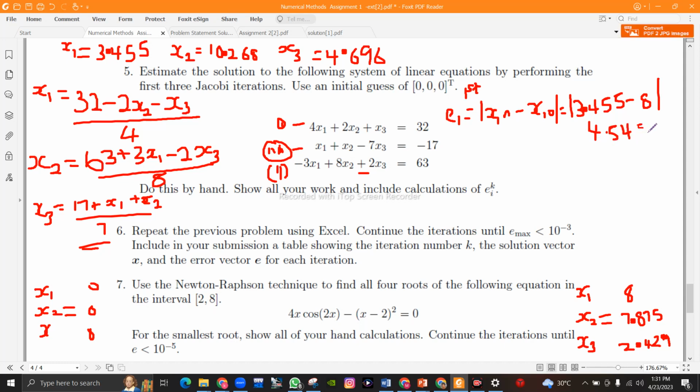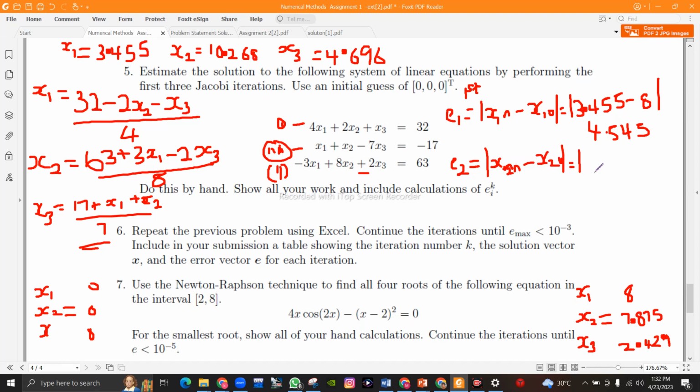Still very high. Error 2 now will be equal to the magnitude of x2 new minus x2 old. What's x2 new?